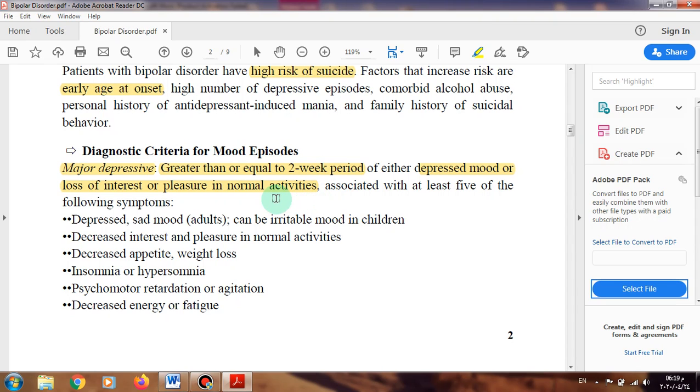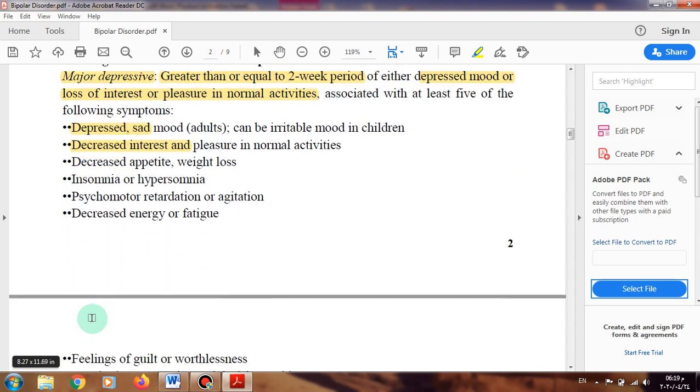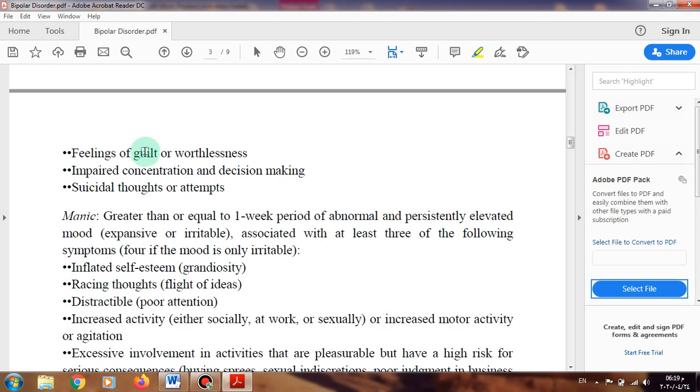So 5 symptoms for 2 weeks, one or two of these five being depressed mood and decreased interest in pleasure and activity, in addition to decreased appetite, insomnia, psychomotor retardation or agitation, decreased energy or fatigue, feeling of guilt or worthlessness, impaired concentration and decision making, and suicidal thought or attempts.